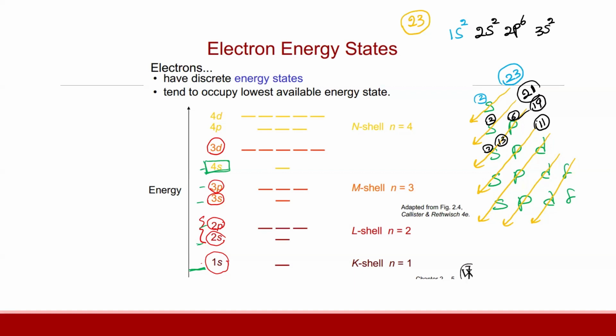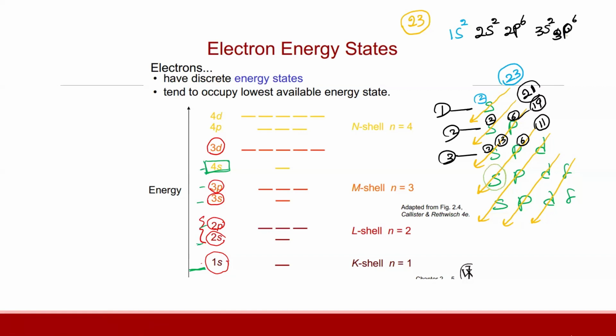Yes, ma'am. So out of this 11, p can again hold 6. So that will be p6. This is for the third p. This is the first, second, and this is the third. So 3p6. And then before going to 3d, you can see s is there along the path.